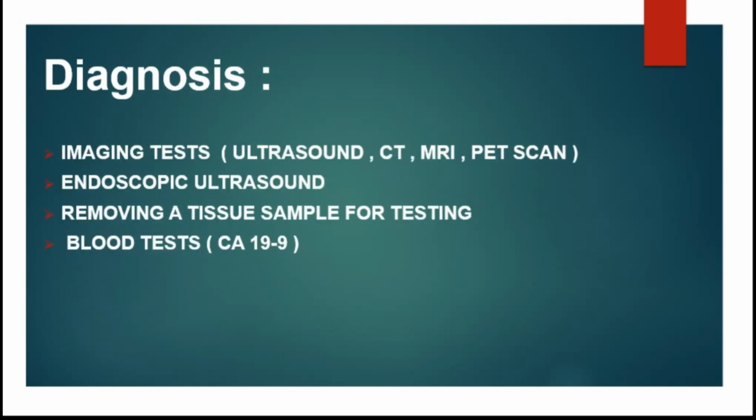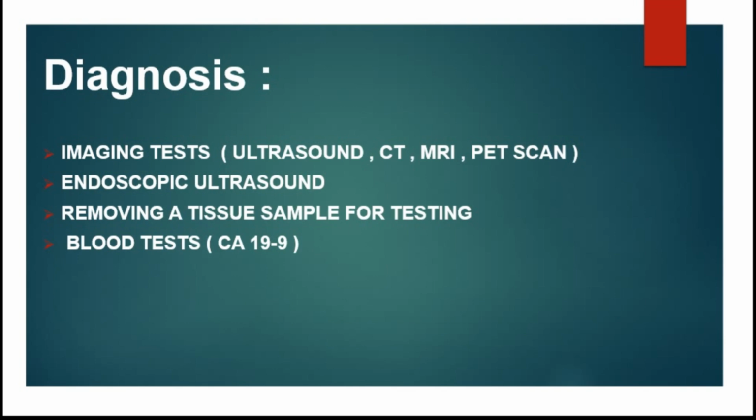So how do we diagnose pancreatic cancer? Imaging tests play an important role: first ultrasound, CT scan, MRI, PET scan. Also we have endoscopic ultrasound. When we diagnose a tumor, we take a biopsy, for diagnosis, not for staging.